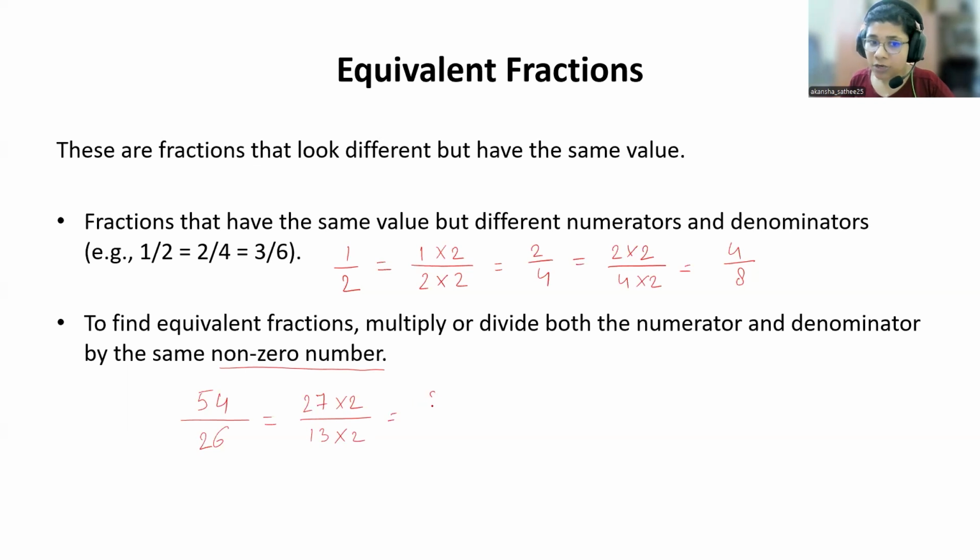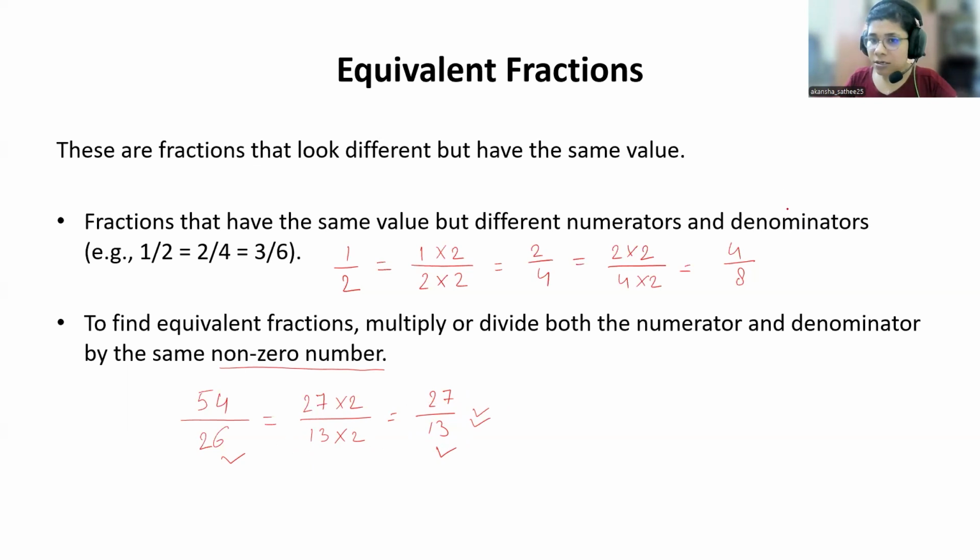So you will write this as 27 upon 13. Now there is nothing common between this and this. You cannot divide the numerator and denominator by a common number. So this is the most simplified form of the fraction. So this and this both are equivalent, but we just want to simplify it.